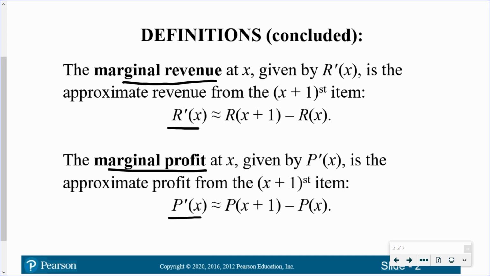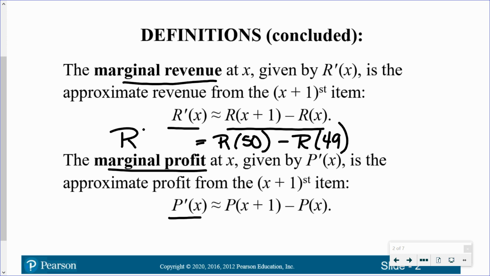And again, those are going to approximate the value that I would get by finding the revenue on the first however many units, let's say 50, and subtracting from that the revenue on the first 49 units. That would give me R prime of 49, which is going to be the revenue on the 50th unit.